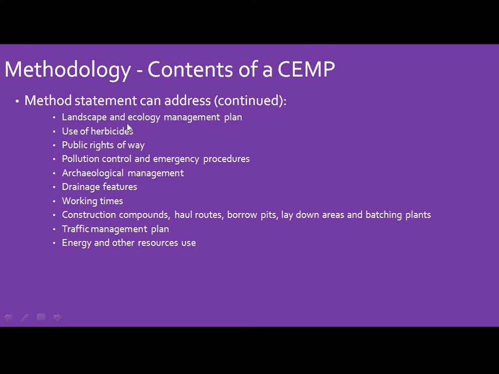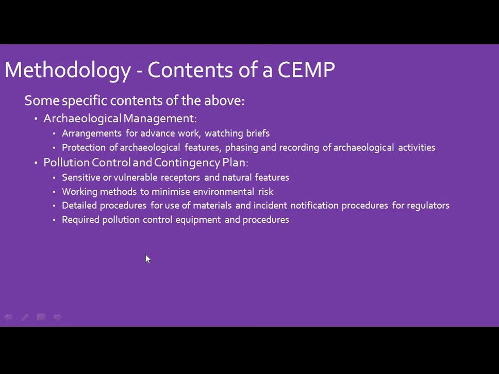Landscape ecology management plan, use of herbicides, public rights of way, pollution control emergency procedures, archaeological management, drainage features, working times, construction compounds, haul routes, borrow pits, laydown areas and batching plants, traffic management plans, energy and other resources. All these different aspects have been promised in the EIA.